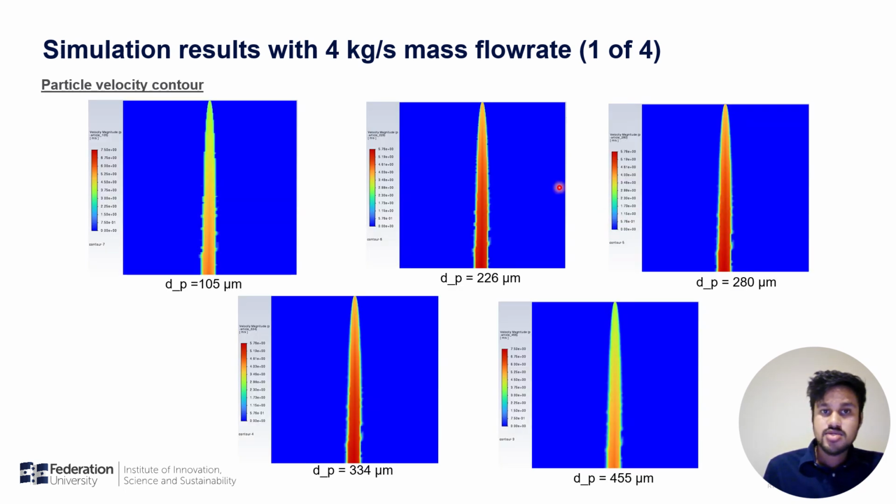These are the velocity contours obtained for each particle diameter band at 4 kg per second mass flow rate. You can see that 280 micrometer diameter particles reach higher velocities since they have the highest particle volume fraction within the curtain.